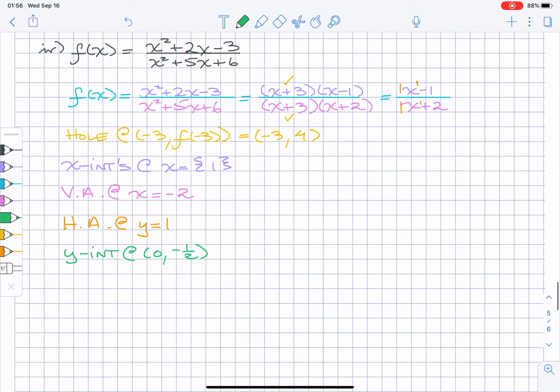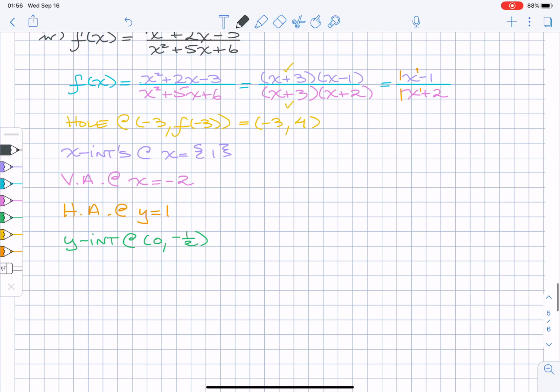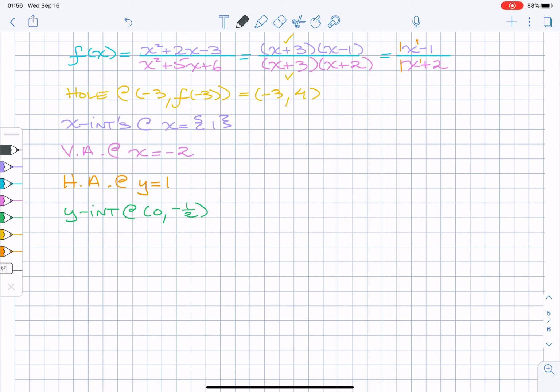Okay, so this should be enough to start, and then I'll do my sign chart once I've started. So X and Y coordinate axes. 1, 2, 3, 4, 5. 1, 2, 3, 4, 5, 6.